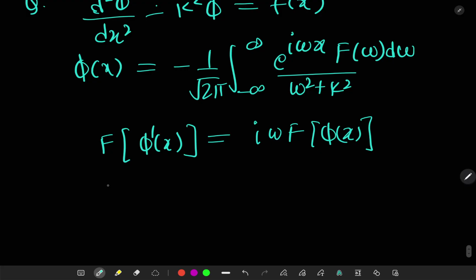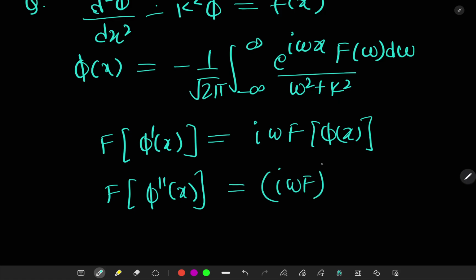If we again use the same for phi double dash x, equals this.